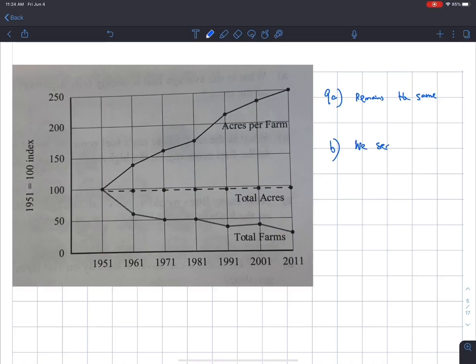We see fewer total farms while total acres being farmed remain the same. So the ratio has decreased.